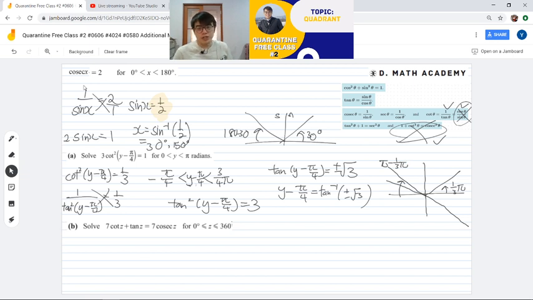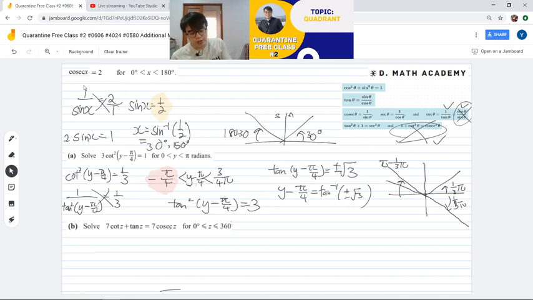Okay, for this question, we don't have to reflect the 1 over 3 pi down, because if we reflect it down, it already exceeds the range given to us. The range given to us is only until negative pi over 4, and the negative 1 over 3 pi is actually more than that.